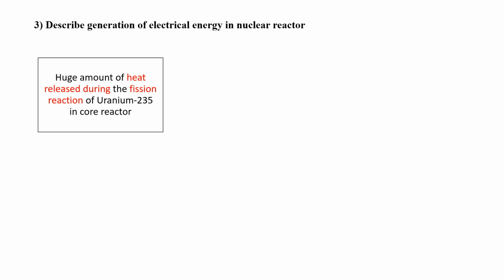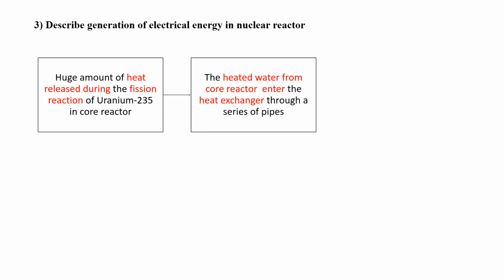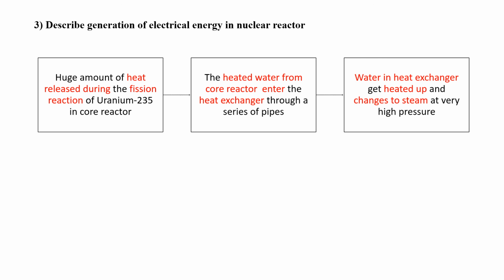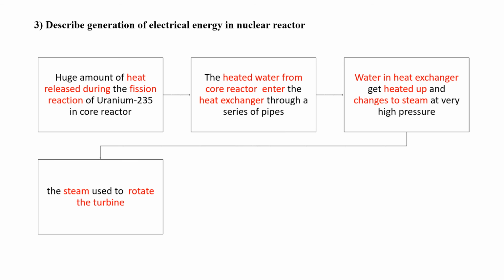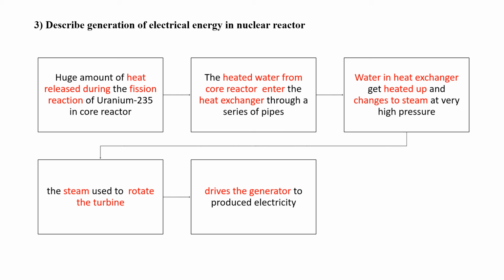So it will make the water inside the core reactor become heated, and that heated water enters the heat exchanger through a series of pipes. So the water inside the heat exchanger becomes heated up and changes to steam at very high pressure. So that steam will be used to rotate the turbine and then drive the generator to produce electricity.